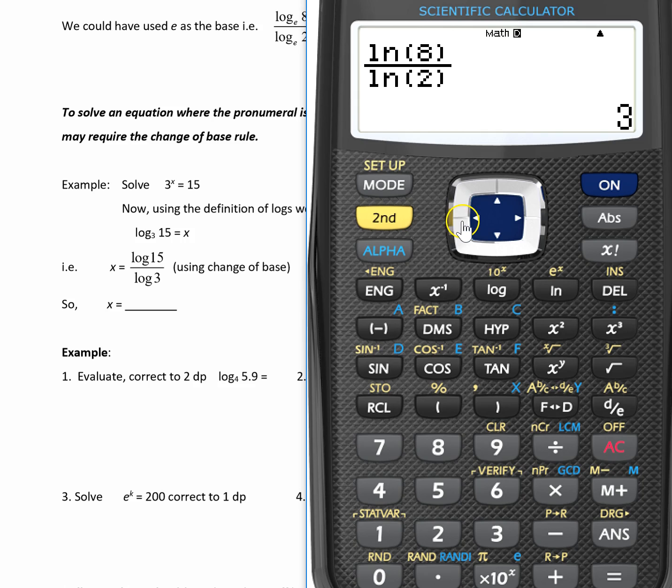Let me see if I can change some of this. Delete and make that 3. And go up and back and delete that and make that 15. Now press equals, and 2.46, so I'll round that to 1 dp, 2.5.